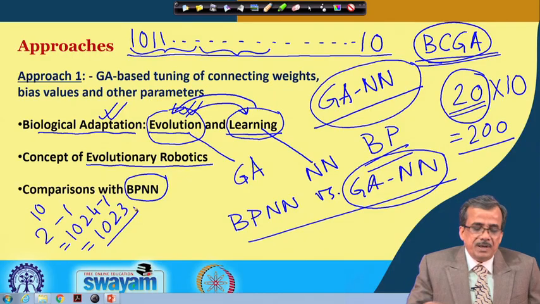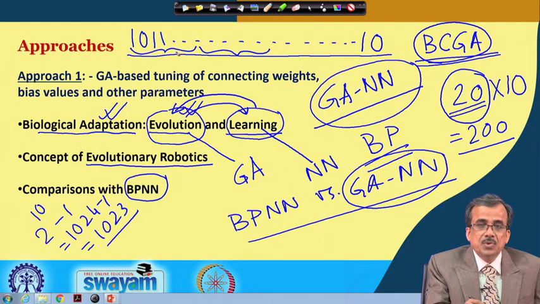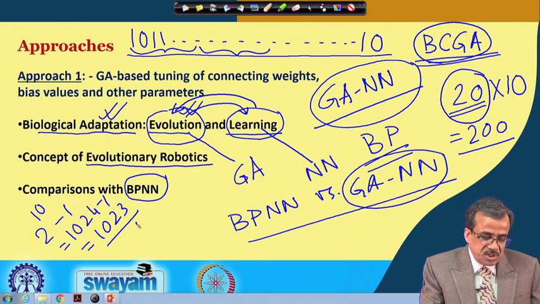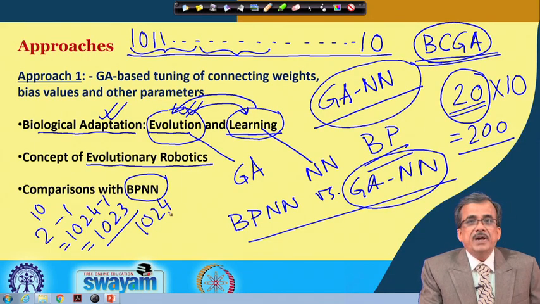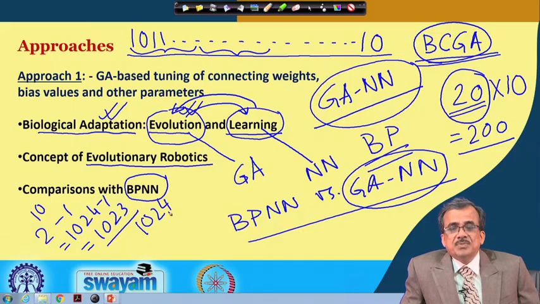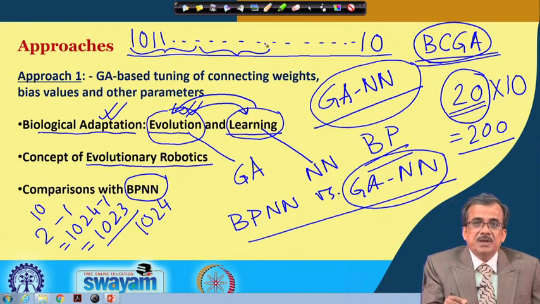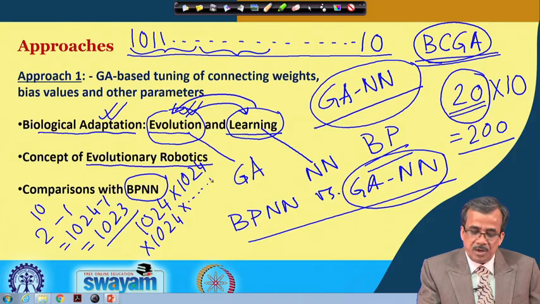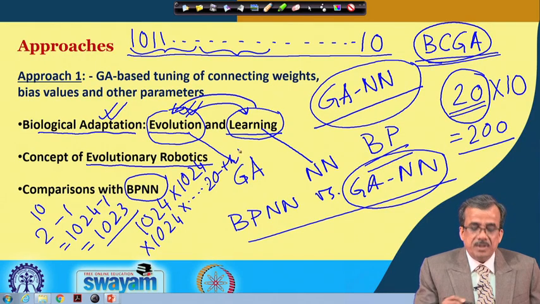For one variable, we have 1023 equal divisions, that means I have 1024 numerical values on the range of this variable. Similarly, for the second variable, within its range I have another 1024 numerical values. For the third, I have another 1024 numerical values, and this will go on up to the 20th variable.